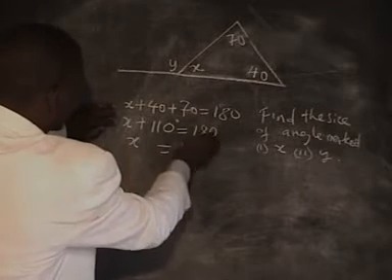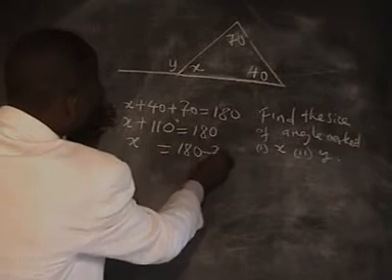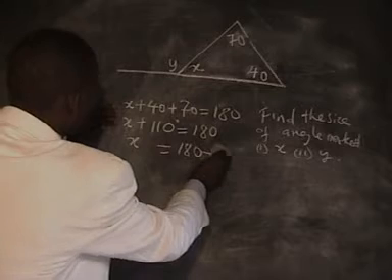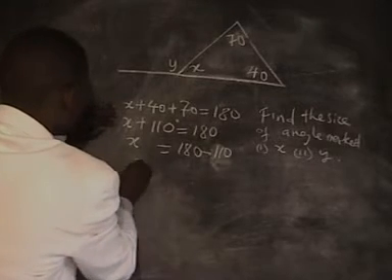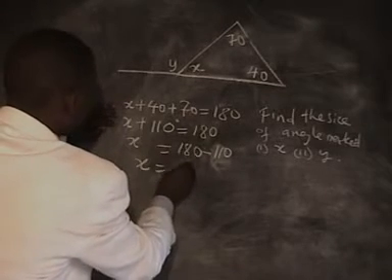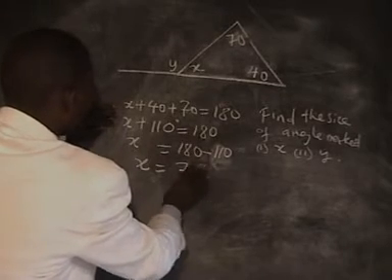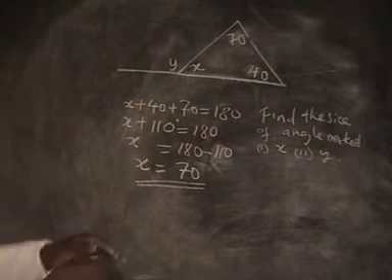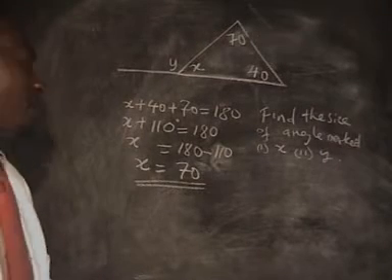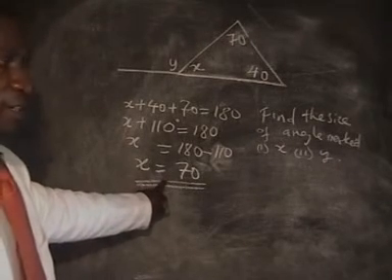If this 110 crosses the equal sign, it should be subtracted from 180. So X is equal to 180 minus 110, which is equal to 70. As you can see, X is represented by 70 degrees.